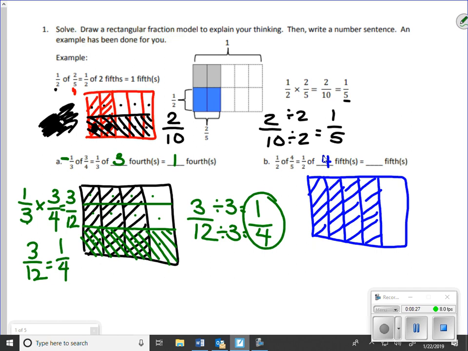Were you going to do the opposite direction? Break it into half. Why? Because it's 1/2. It's got a 2 in the denominator. And then you're only going to shade in half of it.